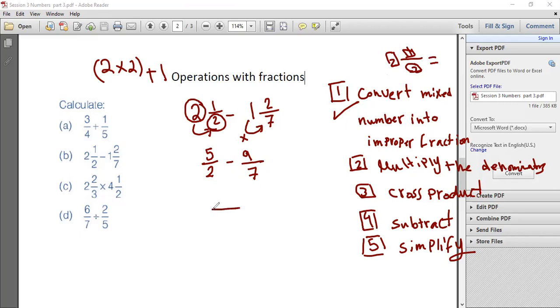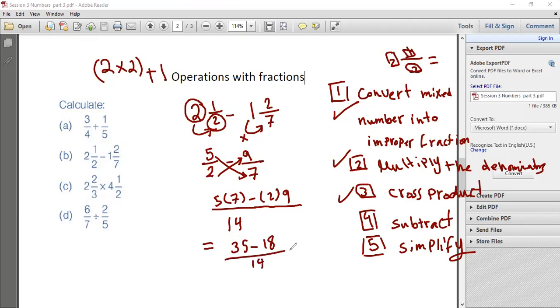Now, multiply the denominators, 14, then cross product, 5 multiply 7 minus 2 multiply 9, 35 minus 18 over 14. And here 35 minus 18 is 17 over 14.